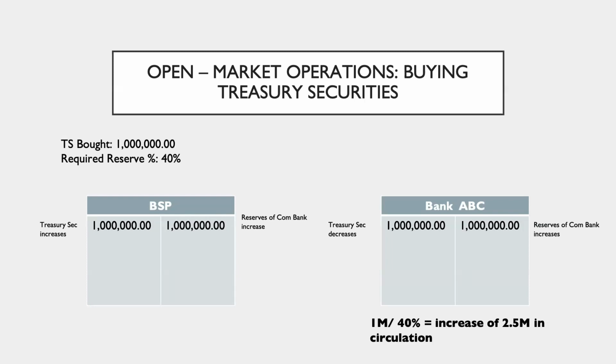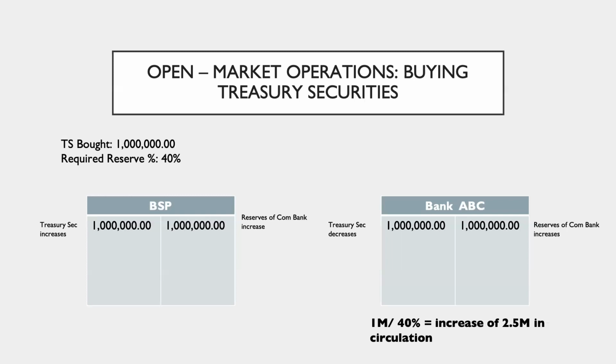So to summarize, there is an inverse relationship between the required reserve ratio and the money in circulation. If there is a lower required reserve ratio requirement, there is more money in circulation. But if the required reserve ratio is higher, there is less money in circulation.